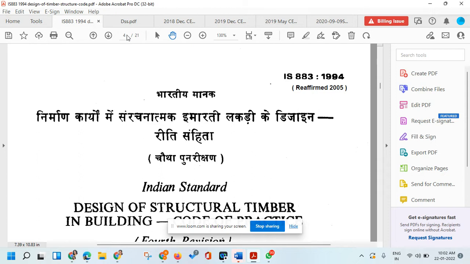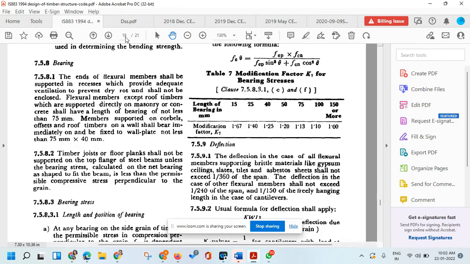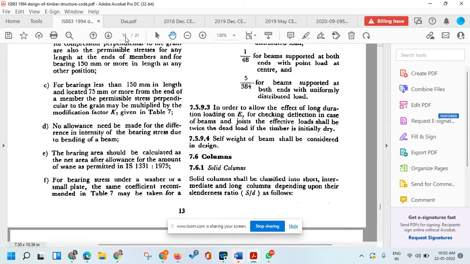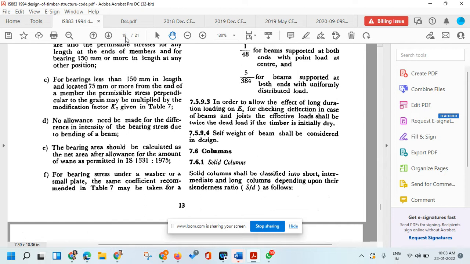So you have to download it and use. And for the design of columns, we will be following clause 7.6. Here you can see columns 7.6, and today we will be dealing with solid columns, that is 7.6.1.